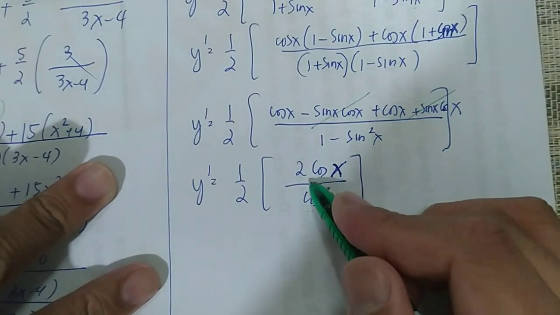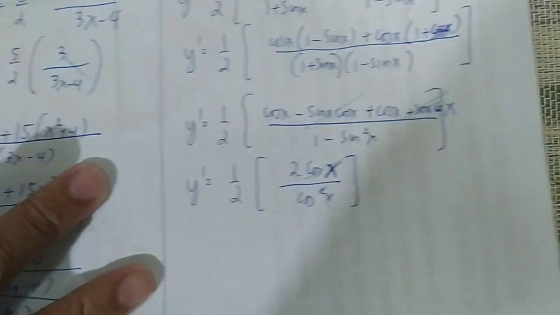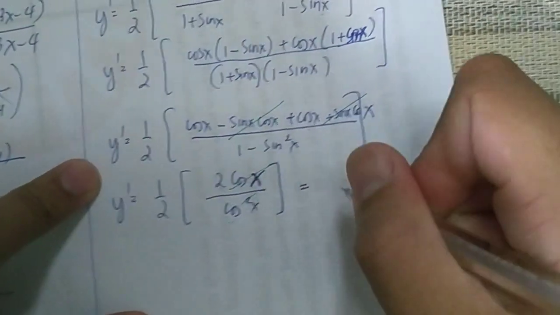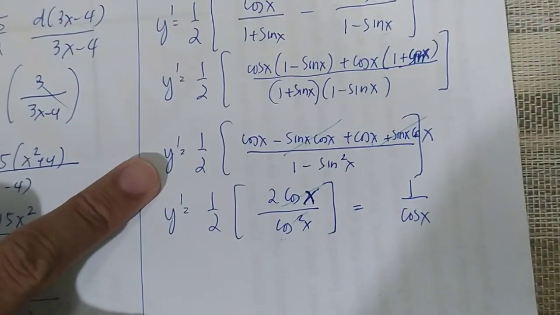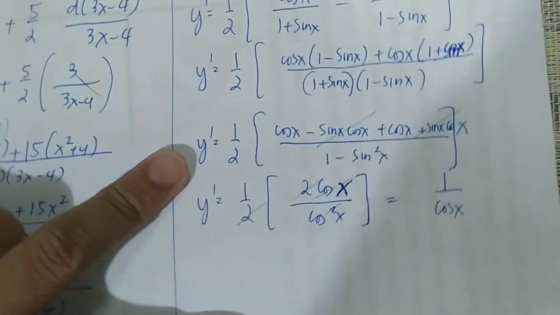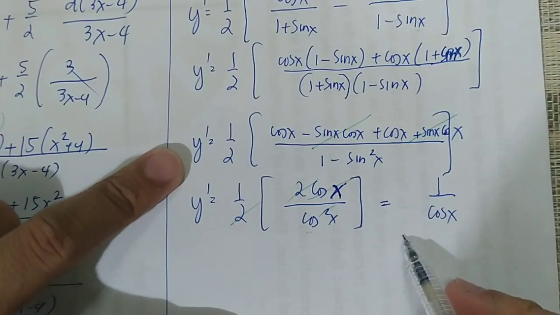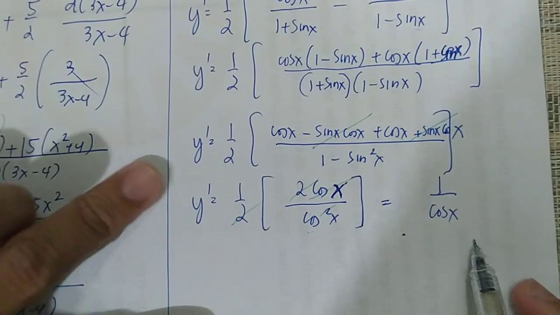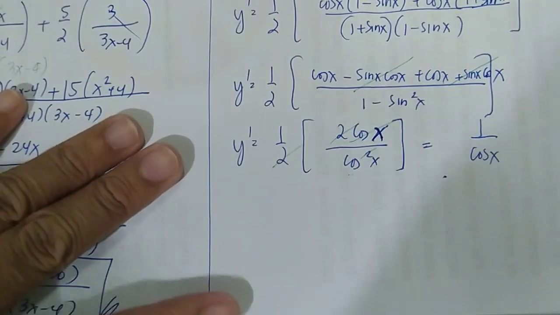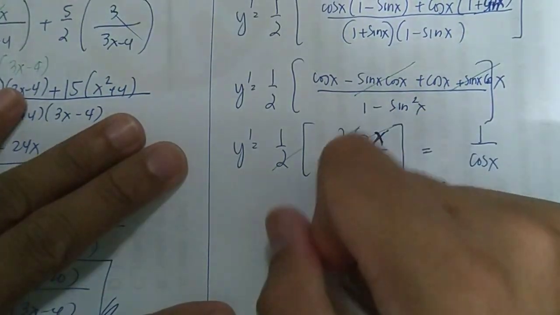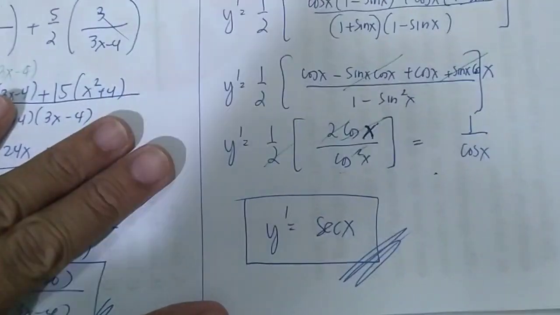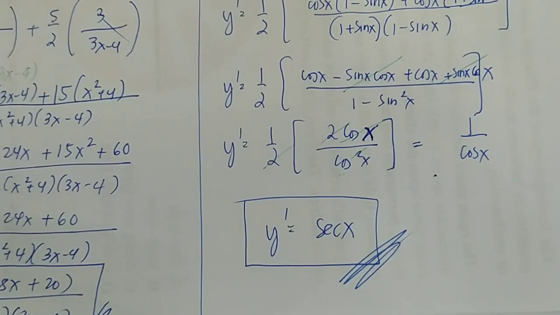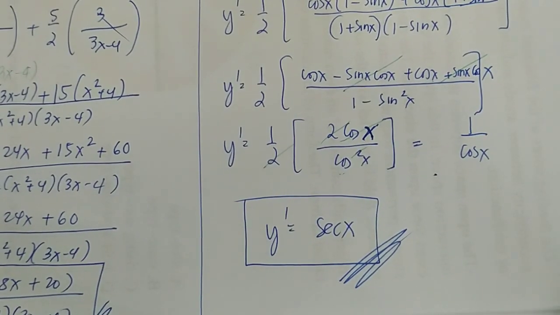But then again, cosine x cancels out with that cosine, so I'm left with 1 over cosine of x, because that 2 cancels out with the 1/2. So I'm left with 1 over cosine x. And using the reciprocal identity, 1 over cosine is simply the secant function. So your y prime here is simply secant of x. So that will be our final answer.